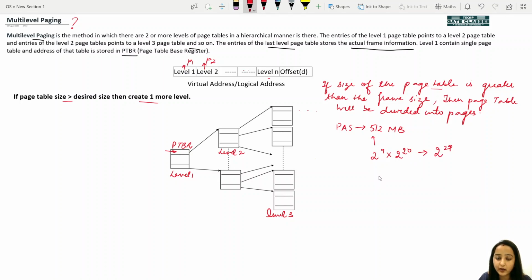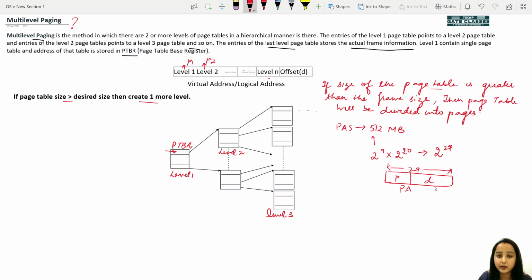So the physical address will be of 29 bits. This is the offset, this is the page number.